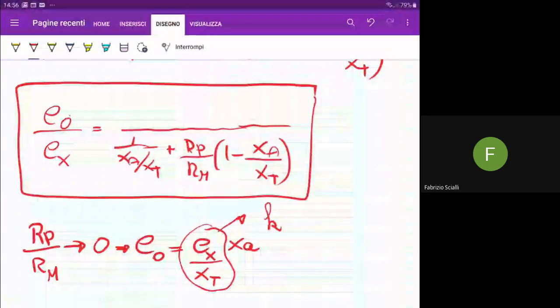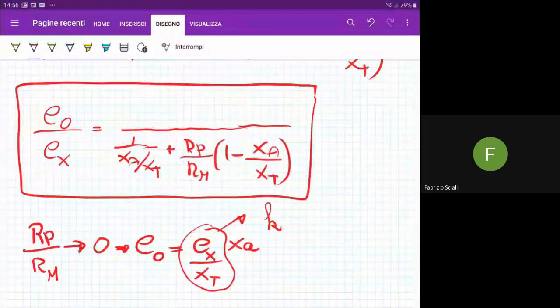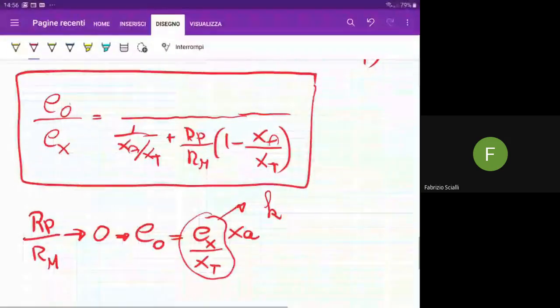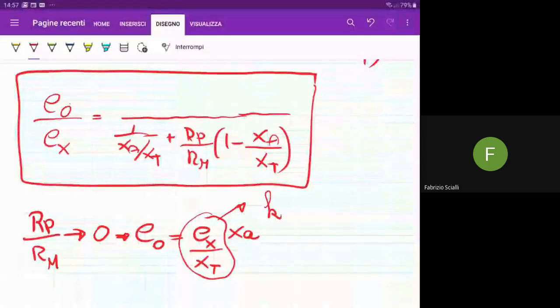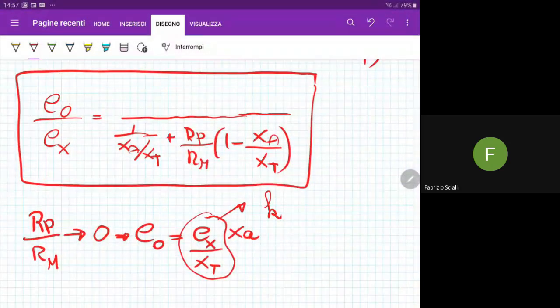On the contrary, if your measuring device is characterized by an electrical resistance of the same order as the potentiometer resistance, then the relation is the one that I'm showing you, that is nonlinear. Not good at all from the practical point of view. Remember, I'm measuring the E_O, the output.